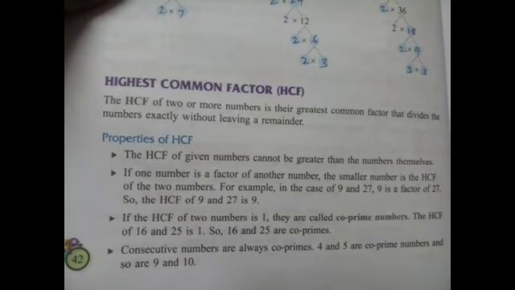In today's class we are going to see about the HCF, that is, the highest common factor. So what are the properties of the highest common factor? The HCF of two or more numbers is the greatest common factor that divides the numbers exactly without leaving a remainder.